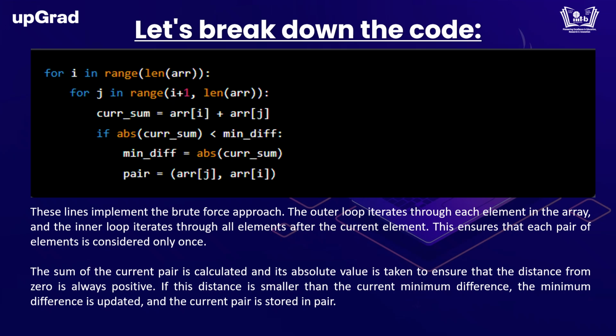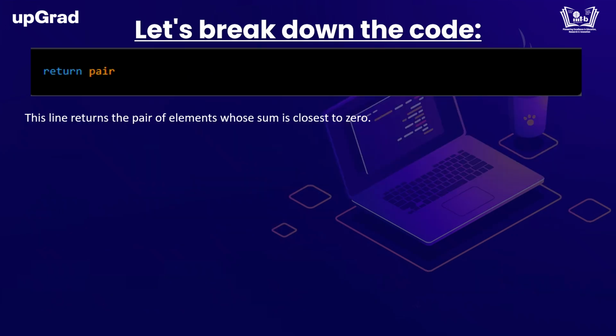The sum of the current pair is calculated and its absolute value is taken so that the distance from 0 is always positive. If the distance is smaller than the current minimum difference, the minimum difference is updated and the current pair of elements is stored in the pair.